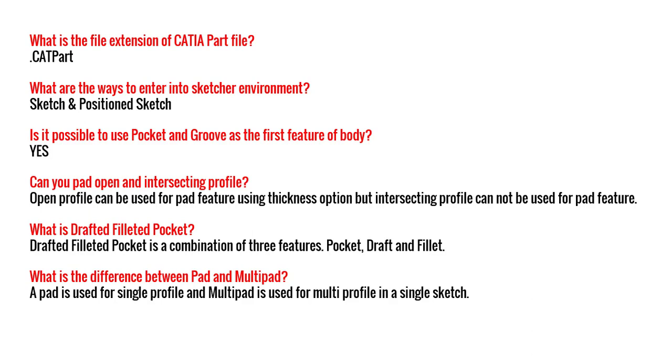In the similar manner, the same difference applies to pocket and multi-pocket. A pad is used for a single profile, but a multi-pad is used for multiple profiles in a single sketch. Remember, the feature is applied on a single sketch only because these are sketch-based features.